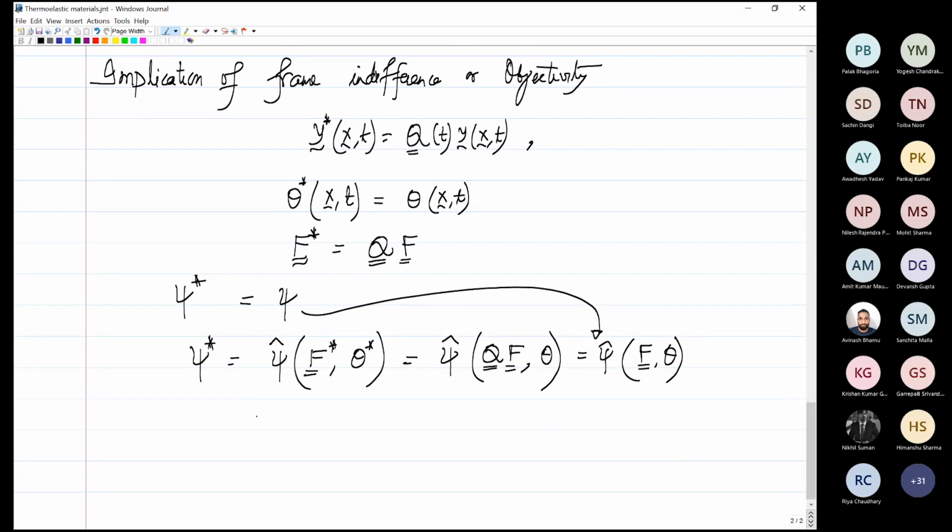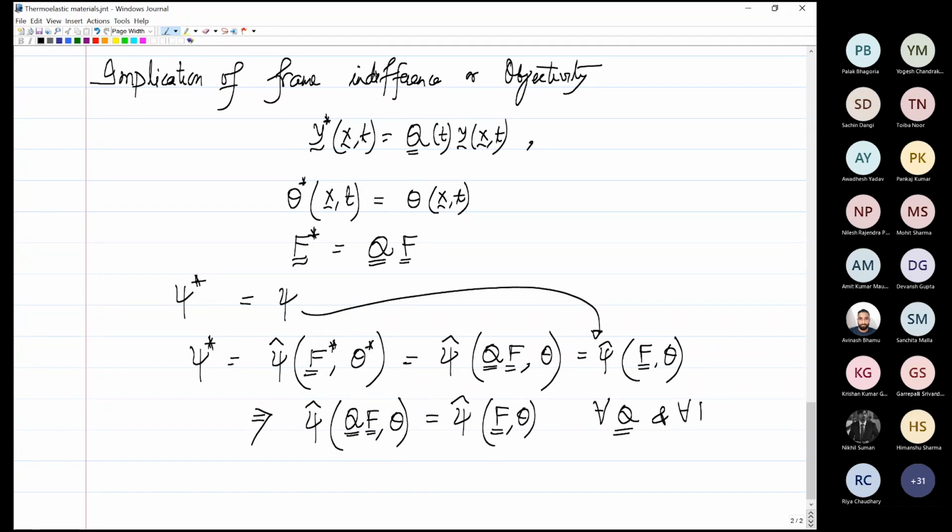So the implication of objectivity is that this function psi hat must be such that psi hat of qf comma theta is equal to psi hat of f comma theta, and this has to hold for all q and all f. So for a given f, it has to hold for all q, where q is a rotation tensor. For all rotations, it has to hold.